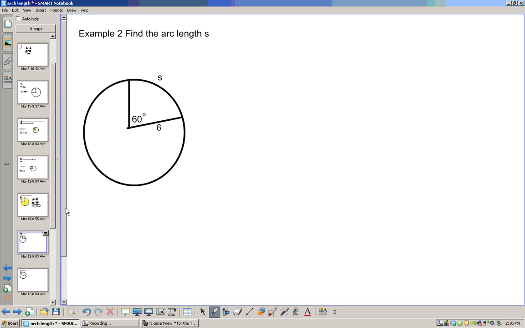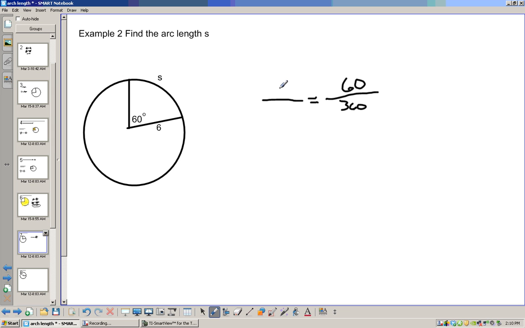Trust the formula. All right, we're looking for arc length. 360 always goes here. The length of this arc, since this is a central angle and this is part, then the length, that's 60. Now we're looking for part of the circumference.